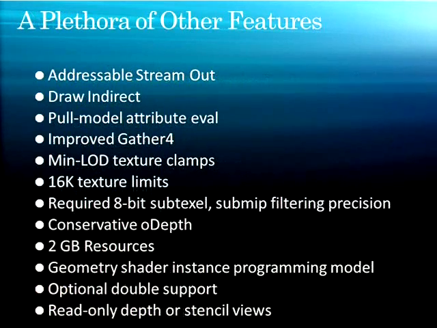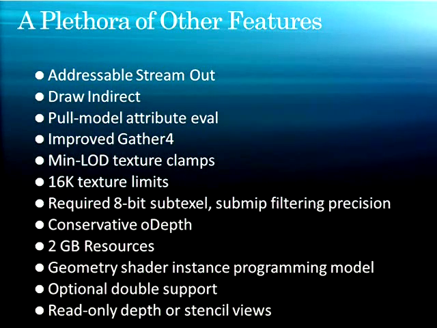There's just a plethora of other features that we've put into Direct3D 11 that we're not going to talk about today. Some of them are addressable stream out. That means we already had stream out functionality, but we've increased the stream output buffers to 4, and you can change all the stream output buffers to be multi-element if you want. Coverage is now a pixel shader input. What else do we have going on here? Pull model for attribute evaluation.